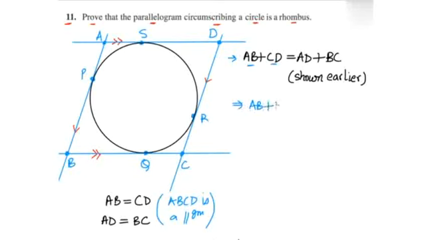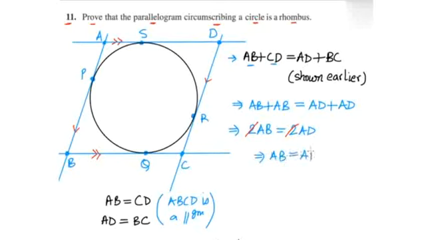Instead of CD, I'm writing AB. Similarly on the right side, I can write AD plus, instead of BC, AD again. This gives me twice AB is equal to twice AD, and then we just cancel out the 2's on both sides, and we get AB is equal to AD.